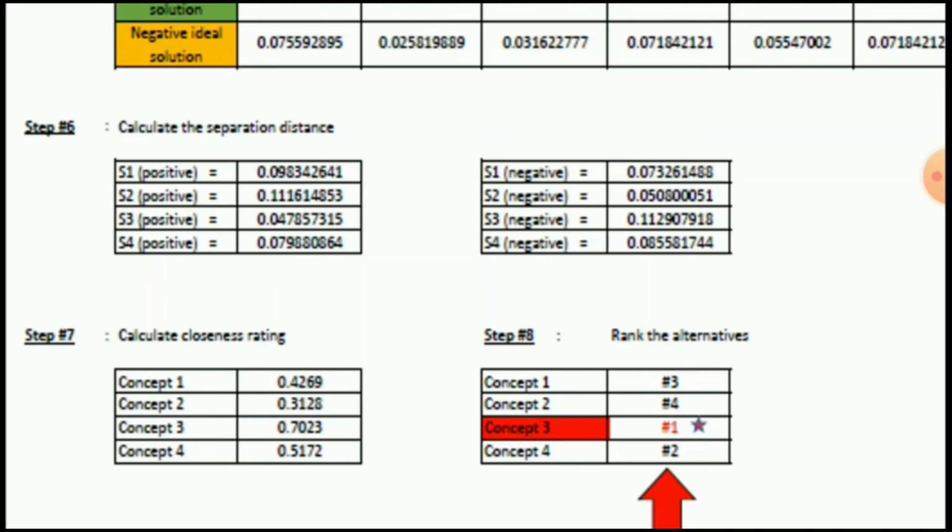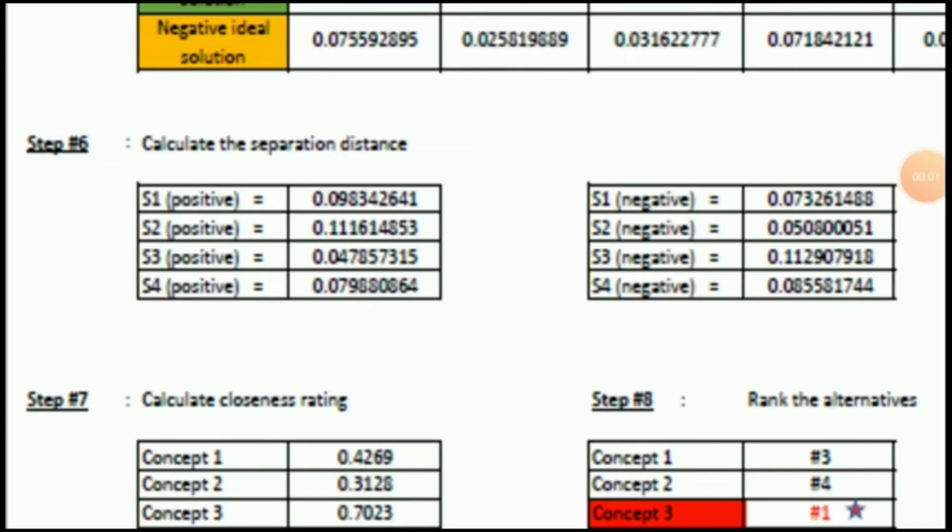In simple terms, the positive ideal solution and negative ideal solution work the other way around. From here you can say that concept number 3 has the lowest value of the positive ideal solution, meaning it is very close to the positive solution, and on the negative separation distance it has the highest value, which shows that it is far away from the negative ideal solution. So in step number 6 you get the picture that concept number 3 will be in first rank.